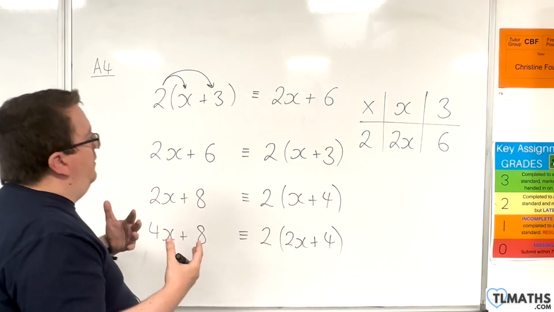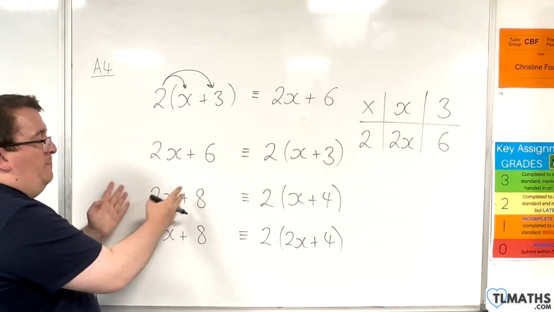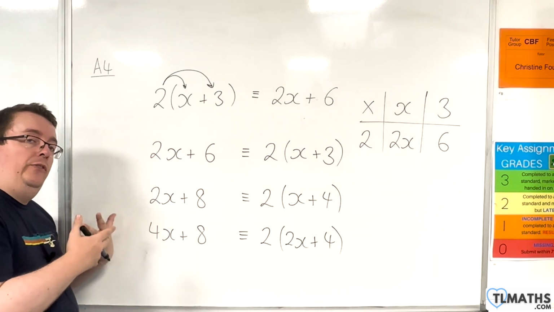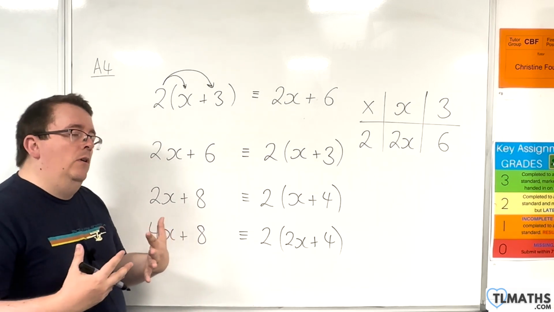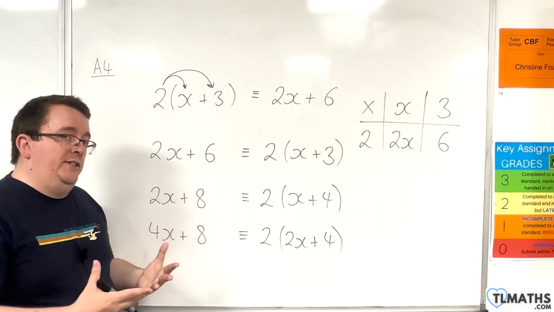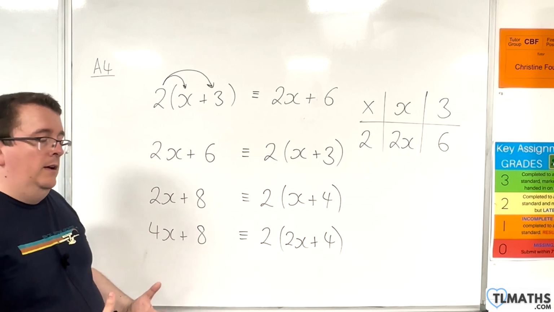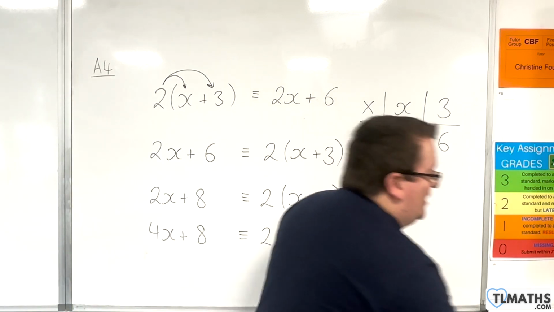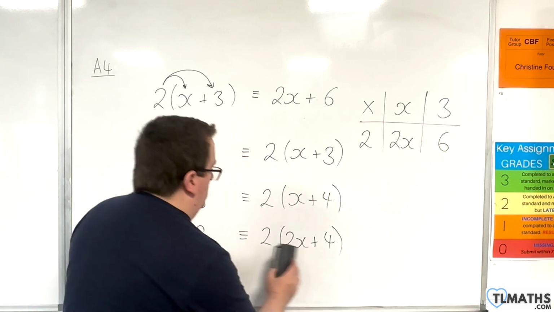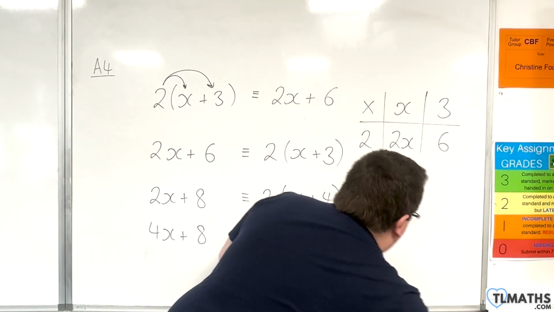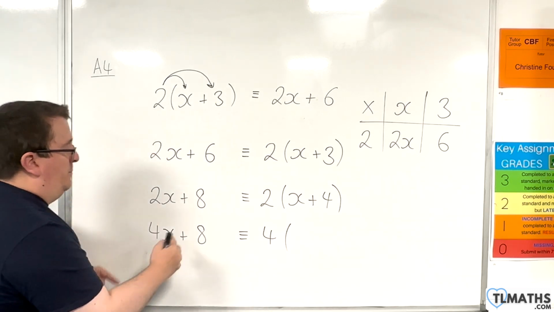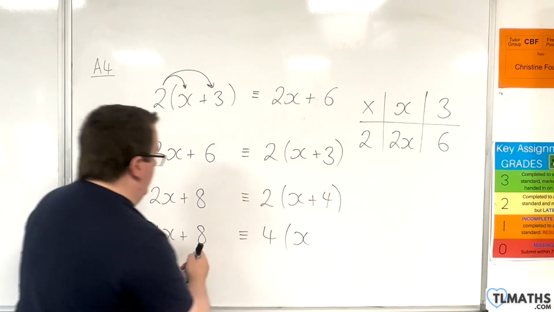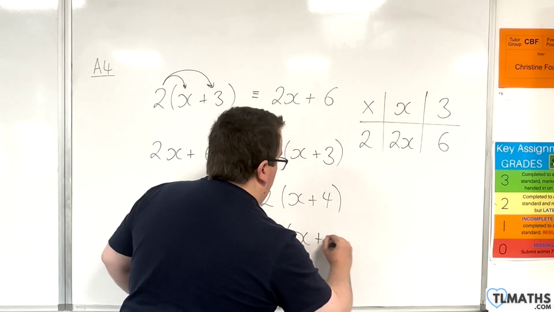So rather than us just spotting, oh, they're both even, so I factor out a 2, the idea is that you're trying to factor out the highest common factor of 4 and 8. So the highest common factor was actually 4. So I would factor the 4 out. 4x divided by 4 is x, and 8 divided by 4 is 2.